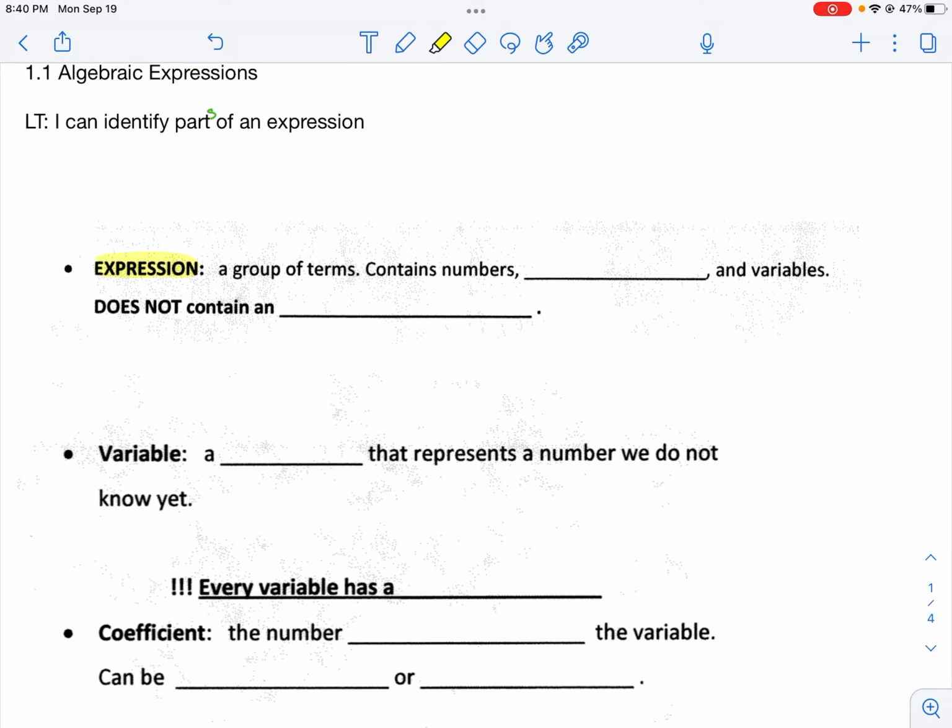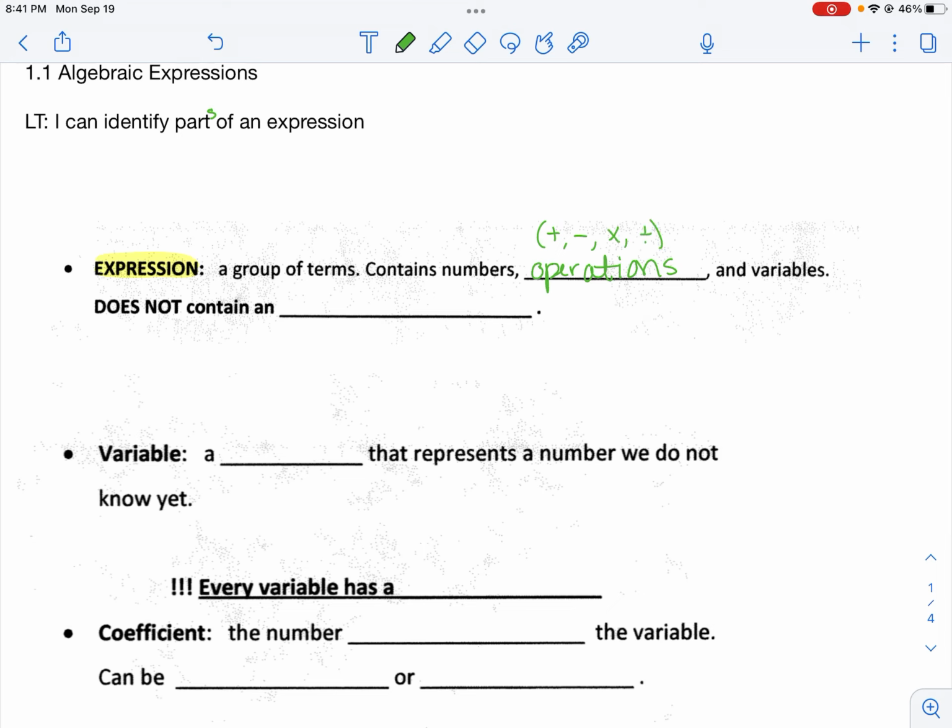Those expressions and terms will be made up of numbers, operations, and variables. Operations meaning add, subtract, multiply, and divide.